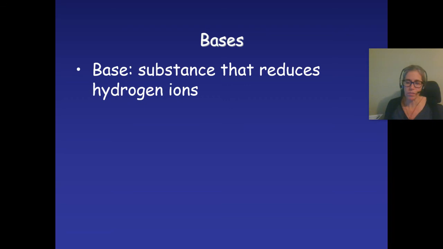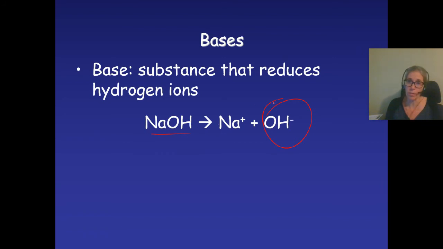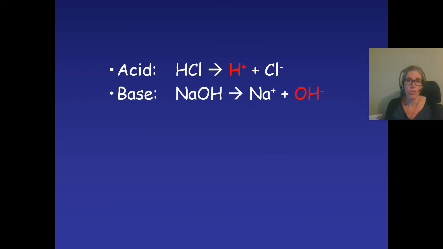There are different ways to define base, but that's what I'm going to go with. And so often that's an OH. So this is sodium hydroxide, a base, and I wouldn't necessarily expect you to know that, but if it releases OH, that can join with an H and get rid of the H, so it will decrease hydrogen ions. So an acid releases hydrogens and a base often releases OHs.